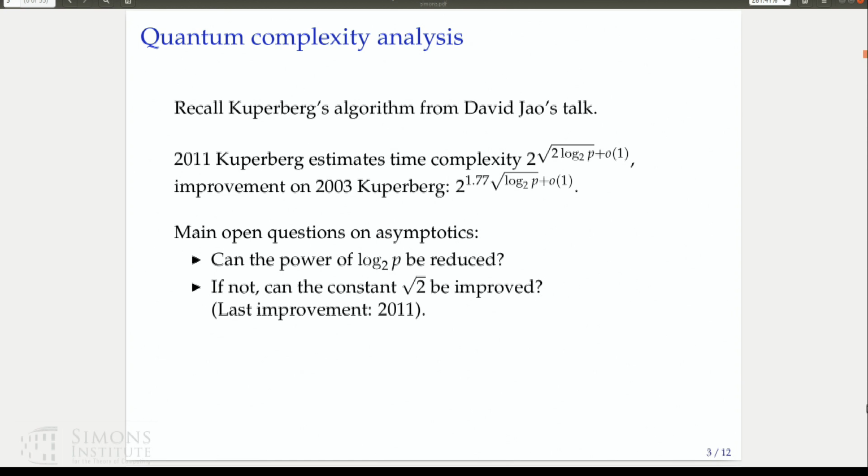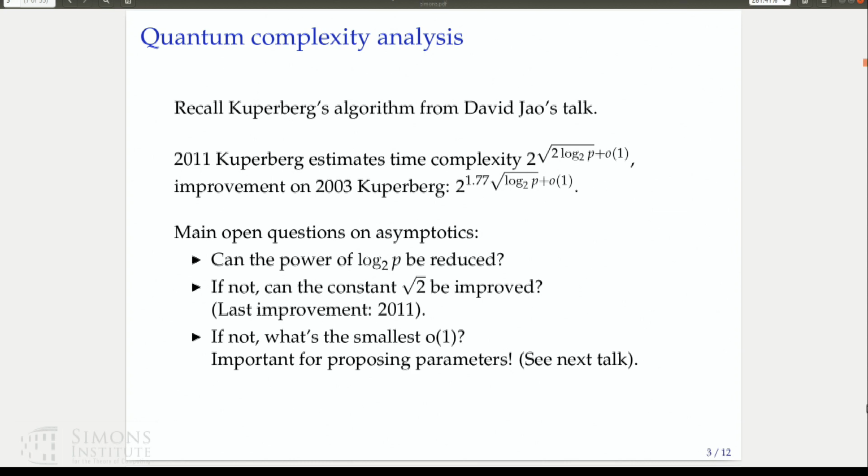And failing that, of course, the last thing you can do to try and have an effect on this algorithm is figure out what's the smallest O(1) you can get in the exponent. And asymptotically, that doesn't really matter, but of course, we're not really in an asymptotic world. We're in a concrete world. We want concrete parameters for NIST security level 1, 3, and 5.